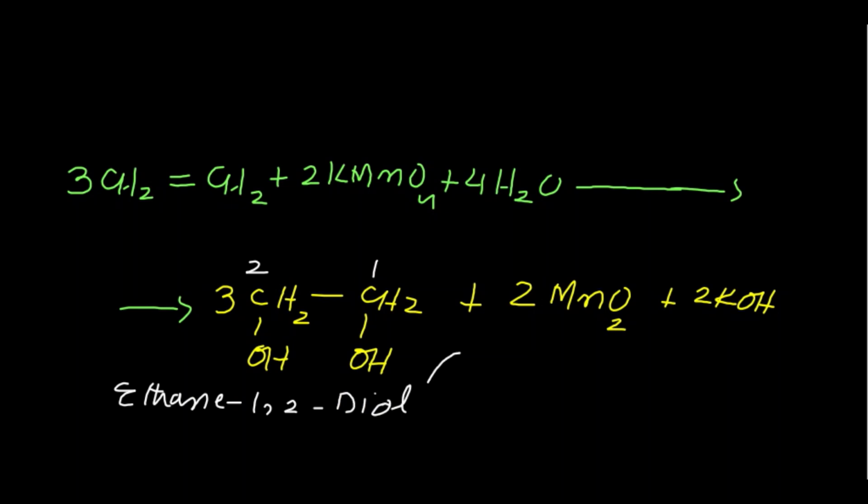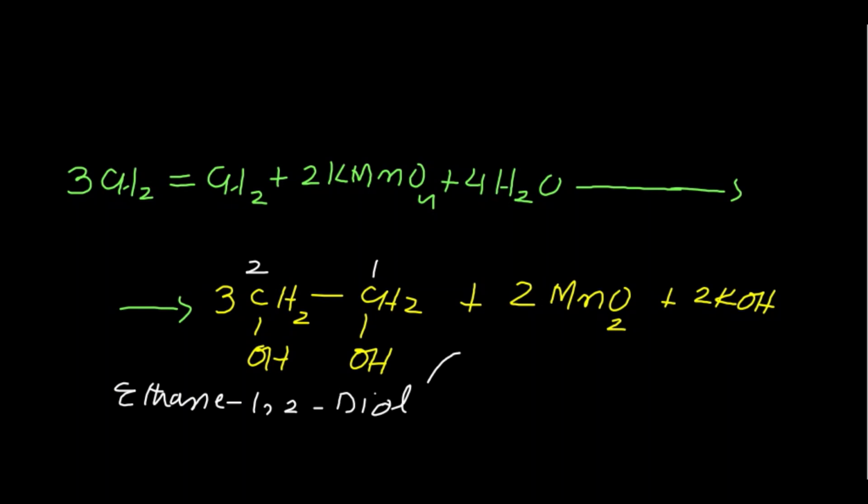So due to the formation of ethane 1,2-diol, the purple color of KMnO4 is discharged. That's why KMnO4 is used as a test for the presence of unsaturation within the molecule. And we know very well the cold alkaline KMnO4 is known as Bayer's reagent. That's why this test is known as Bayer's test.